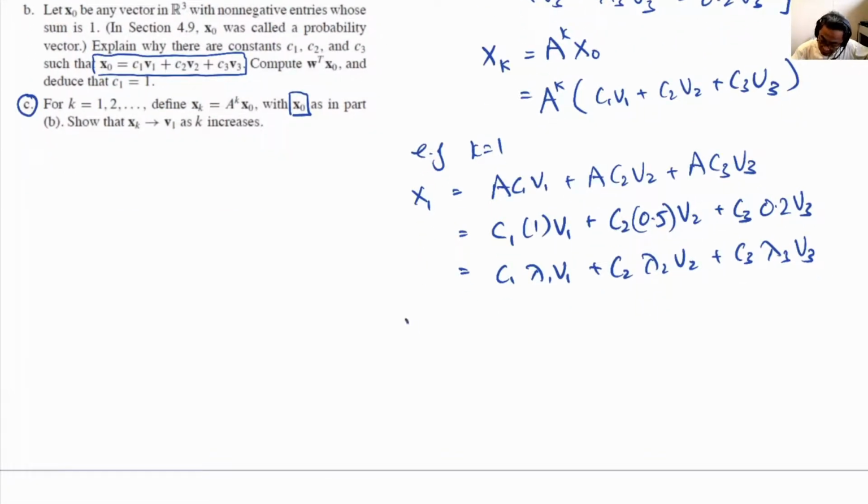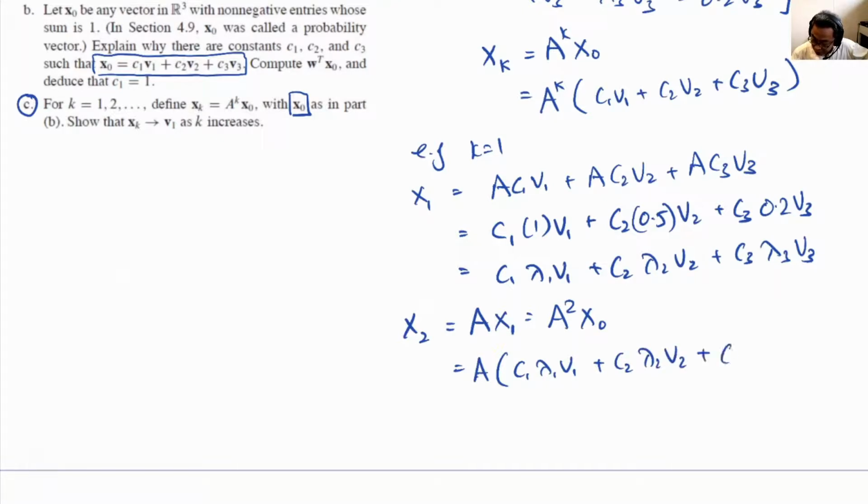Now let's see what happens in x2. x2 is A times x1, or I should write A^2 times x0, which equals A multiplied by c1 lambda 1 v1 plus c2 lambda 2 v2 plus c3 lambda 3 v3.